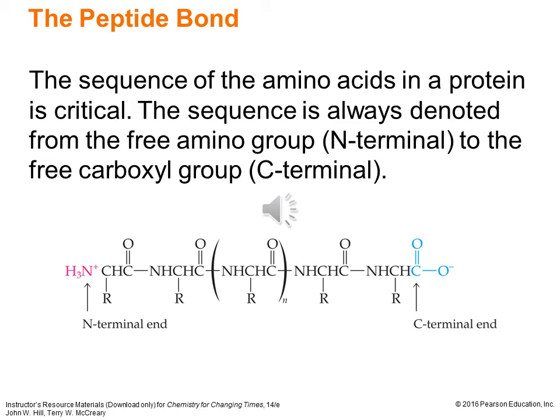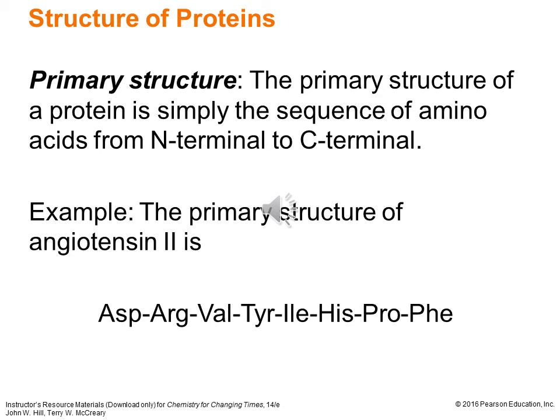So order is critical in proteins, because the way that our biochemistry works is dependent on which goes first, which has the free amino terminus, which has the free carboxyl terminus. So that order of the amino acids in the polypeptide or in the protein, again, is important for structure and function.